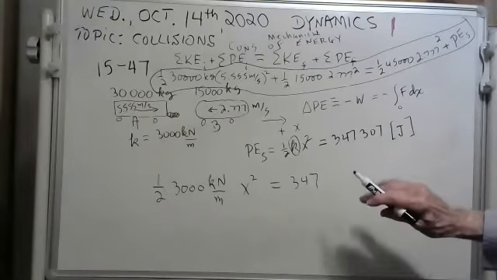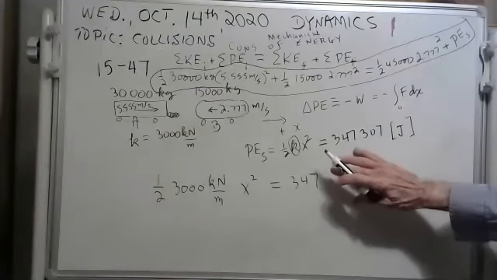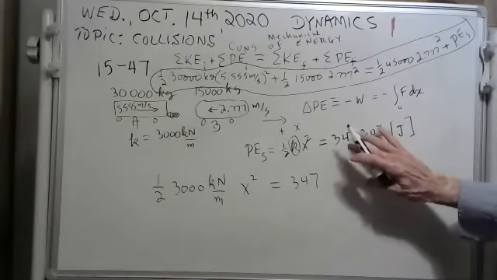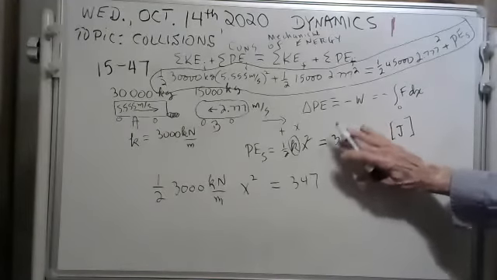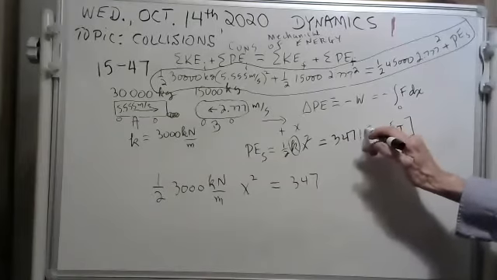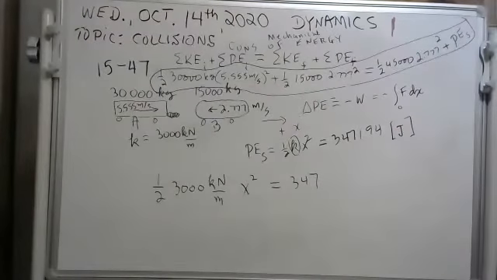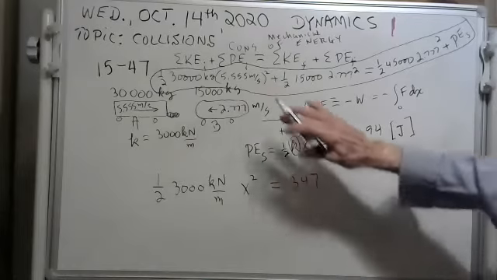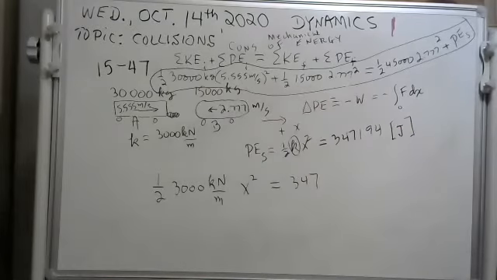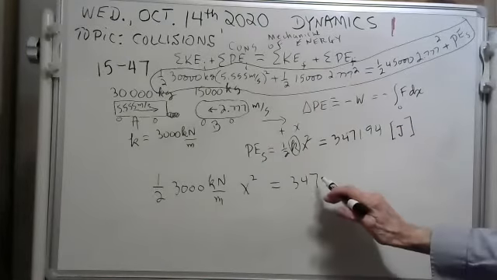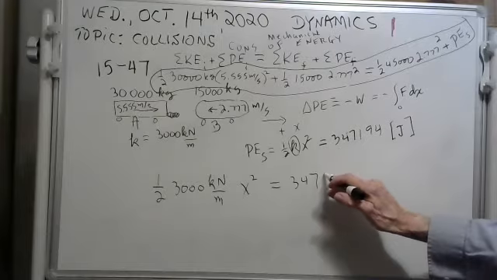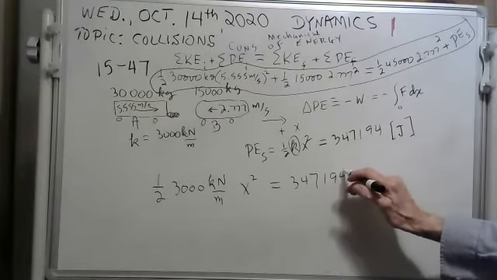Jackson, did you get 347,194? Is that what you got? Yeah. Let's use Jackson's number because that's what I wrote, and that's what you guys should have had if you plugged in what I said. So we got 347,194 joules.